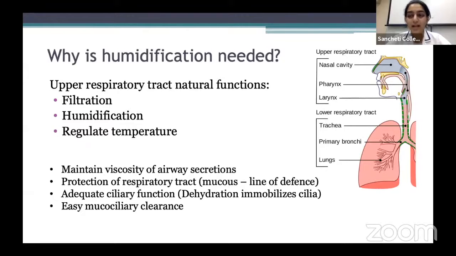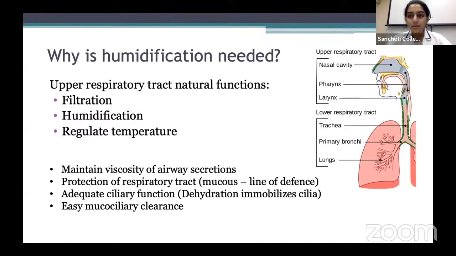Humidification allows for adequate ciliary function. Everyone knows about the ciliated epithelium present in the respiratory mucosa, which helps to mobilize mucus and other particles which get stuck in it out of the body, thereby helping easy mucociliary clearance.